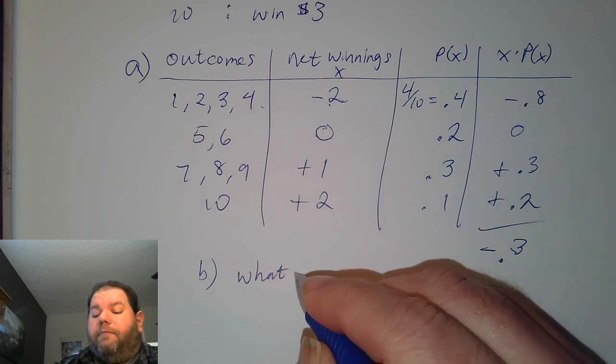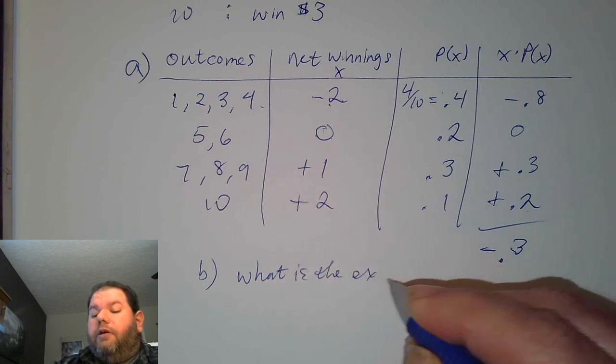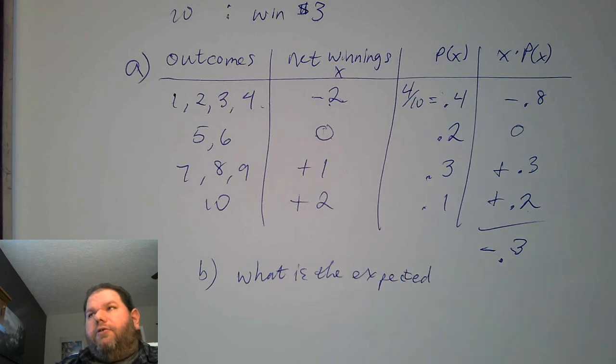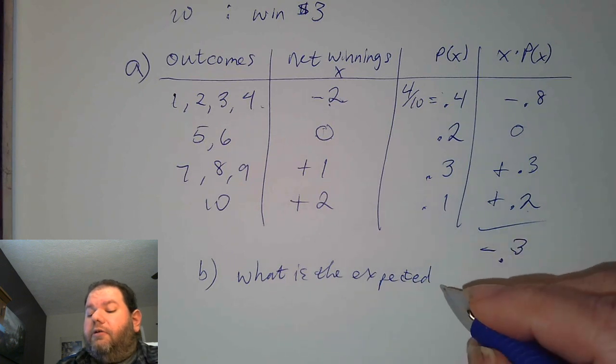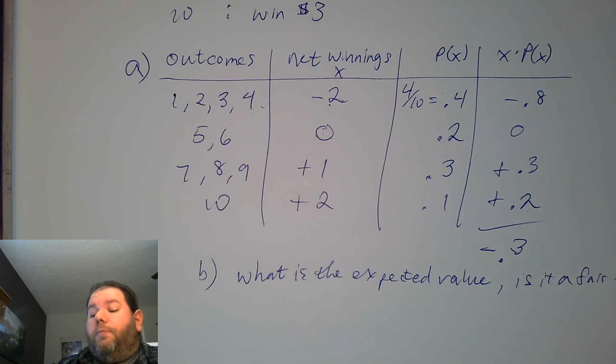Is it a fair game? Now this is the only problem on the test where you'll just have a text box you can type your answer in. So make sure you answer both parts of the question.